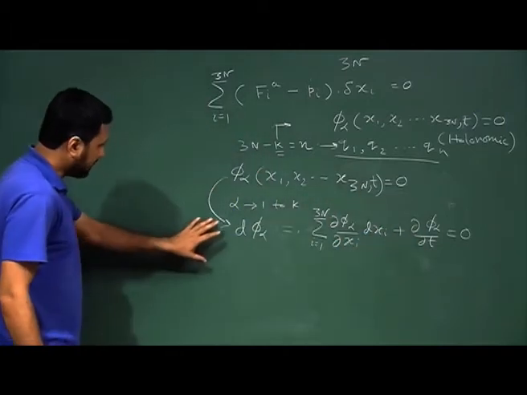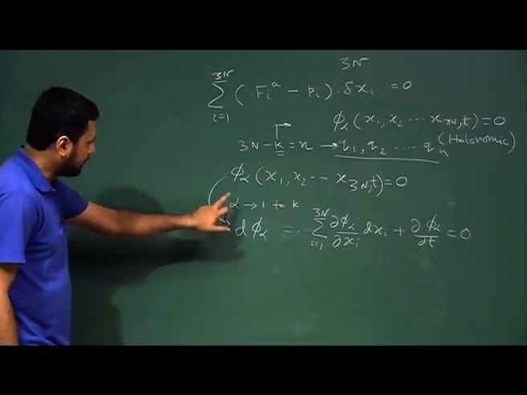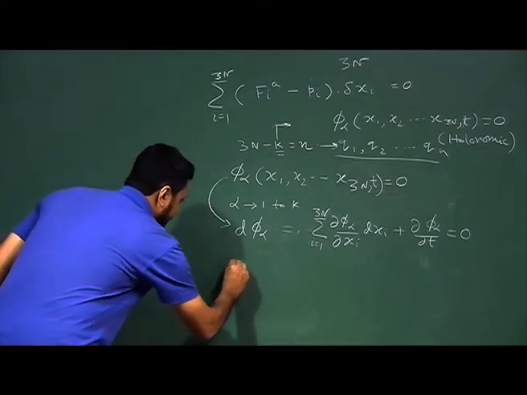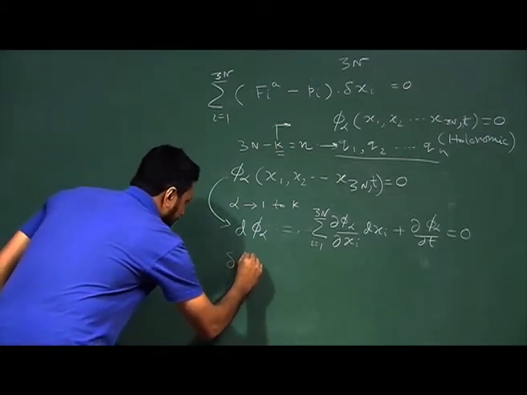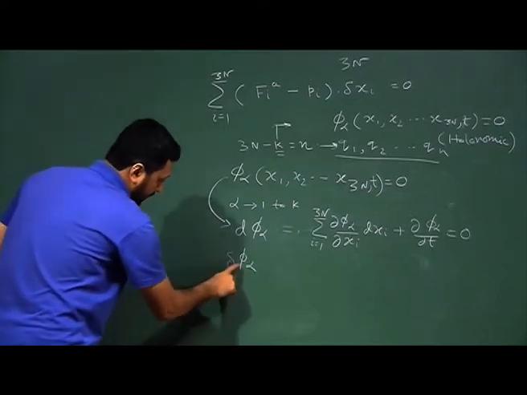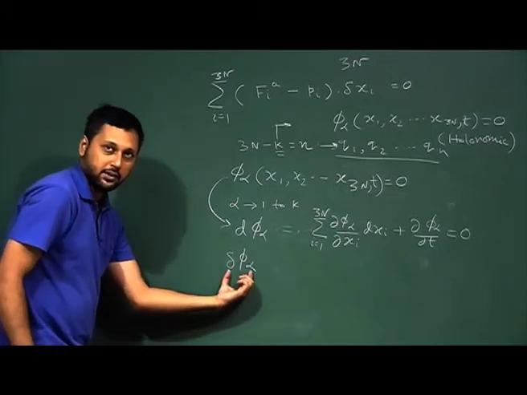Now, if I convert this relation in terms of virtual displacement of this constraint condition phi, that means instead of writing d phi, I simply put delta, curly delta, phi alpha, which is a symbol for virtual displacement.